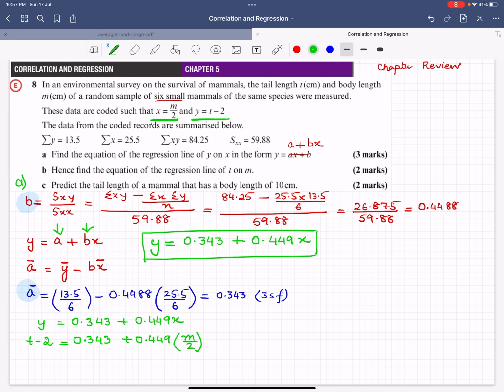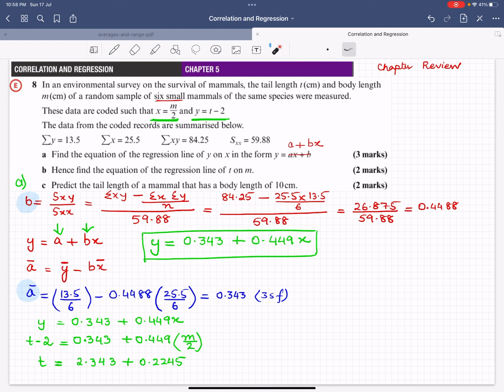Now when we work this out, we get t is equal to 2.343 plus 0.2245m.